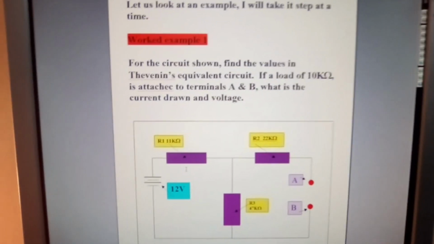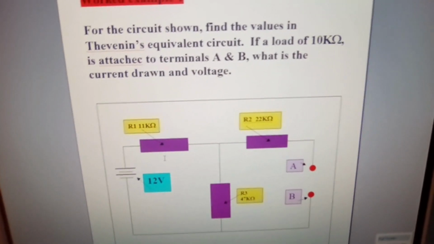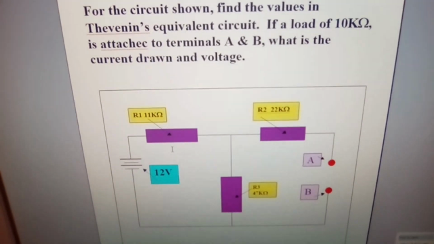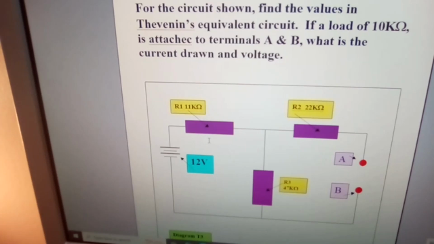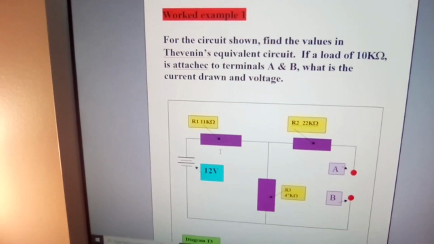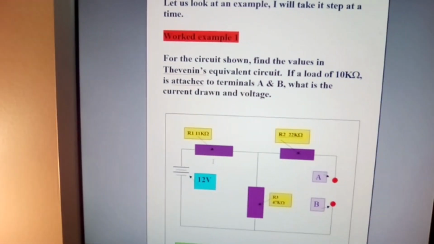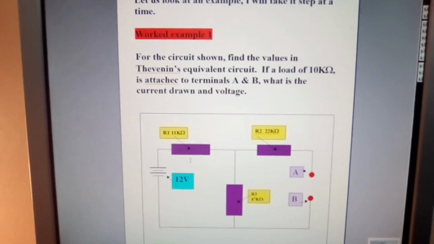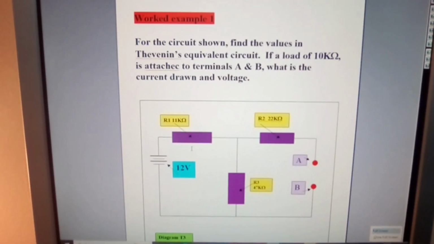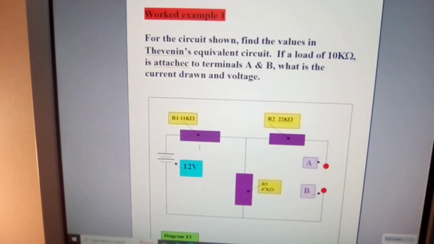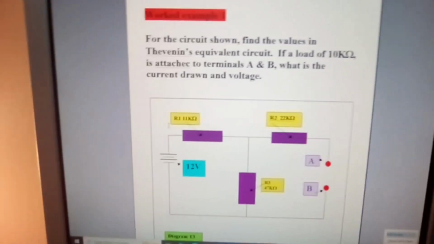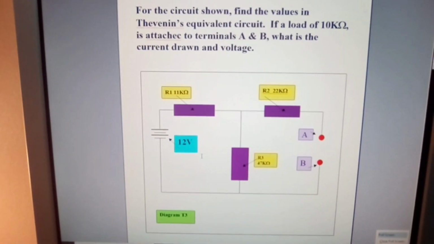Now here are your values, the values of your circuit. I hope you can see them. This is diagram T3.